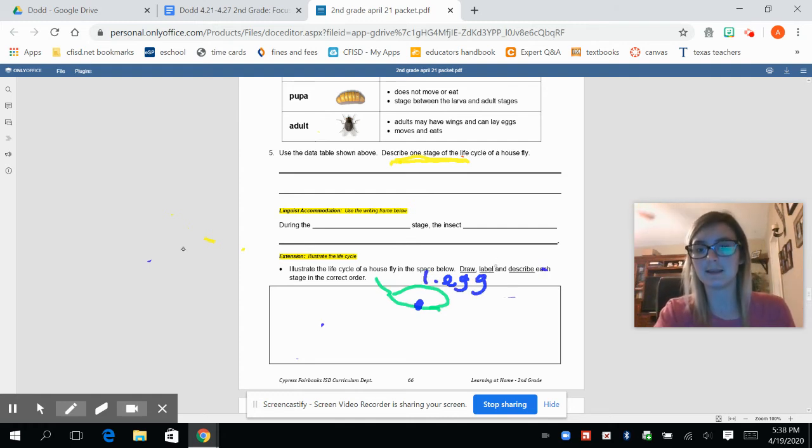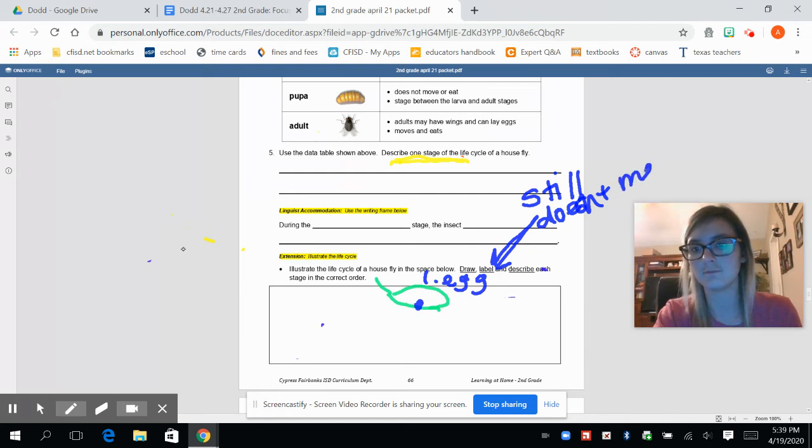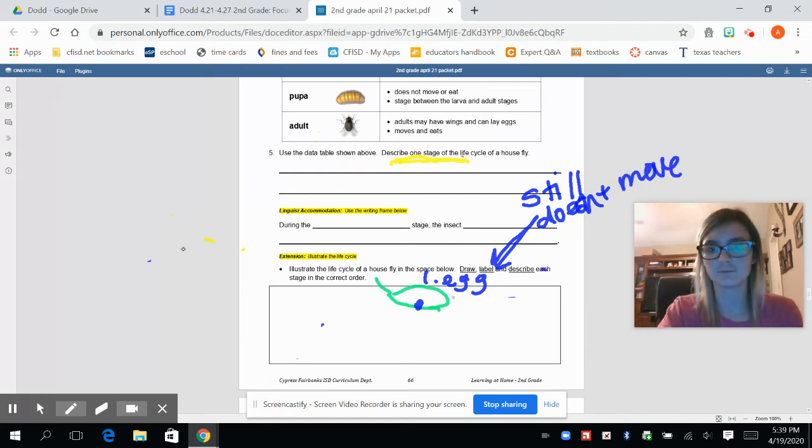And what happens in the egg stage? It's still and it doesn't move. Then we go down to stage 2, and that is the larva.